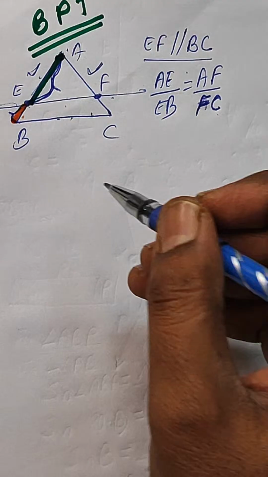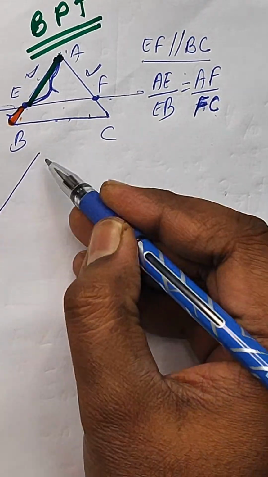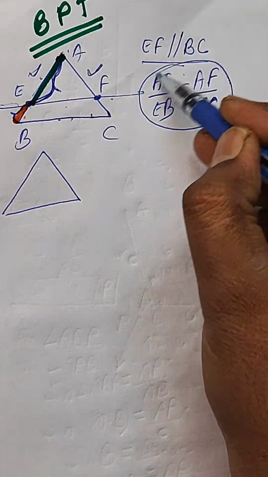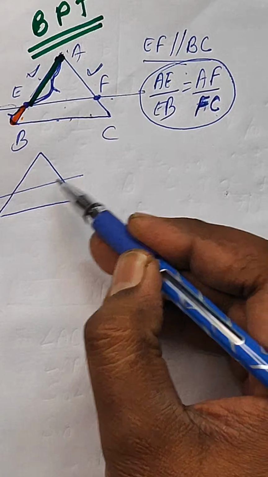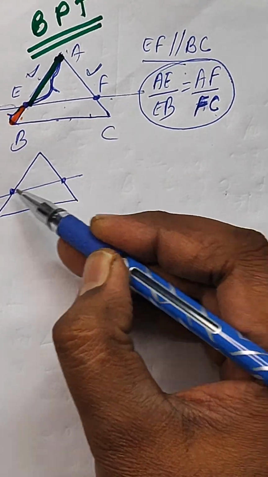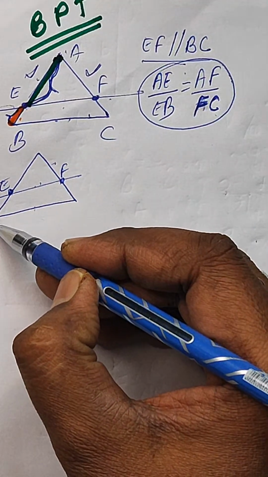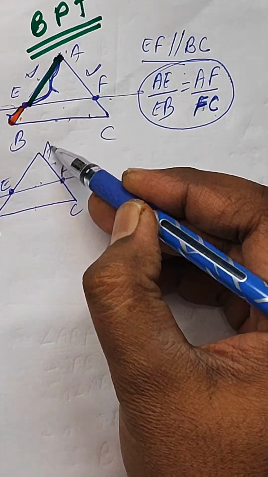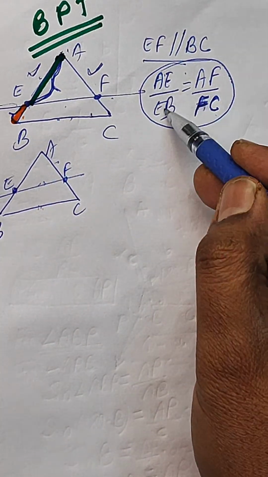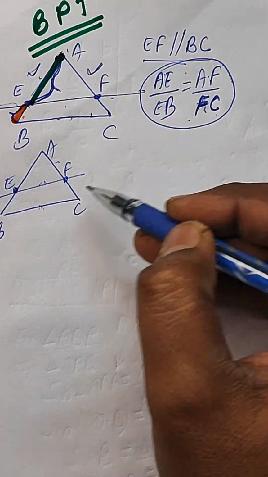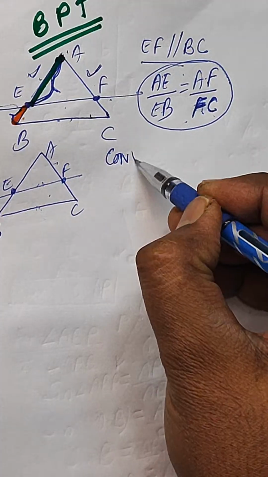We can also see that the converse of this is also true. That means if a triangle is given to you, and points E and F are here, and it's not given that EF is parallel to the third side, but it's given that AE by EB is equal to AF by FC, then the converse will be valid.